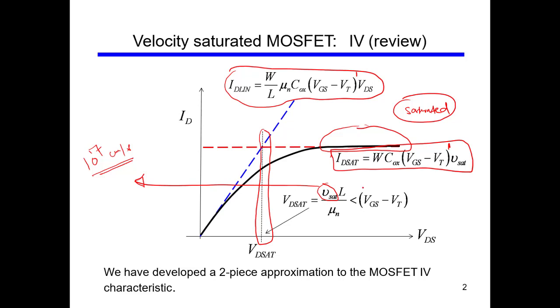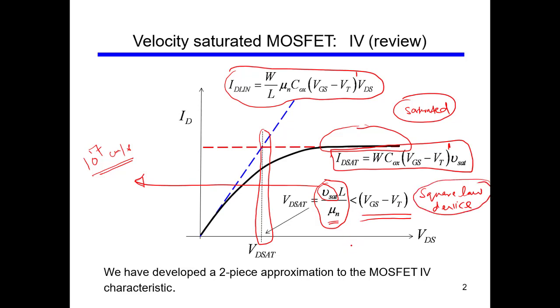So VD sat is equal to V saturated into L divided by the mobility in the channel. If you have a voltage that is equal to this, you are exactly at the saturation point. Below this is the linear region, and above this is the saturated region. Now note that this was the case for the square law device or square law characteristic.